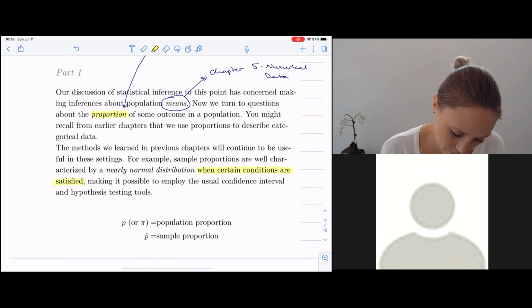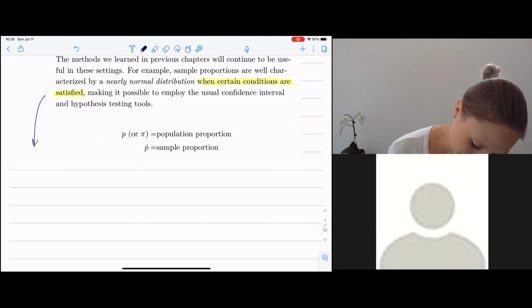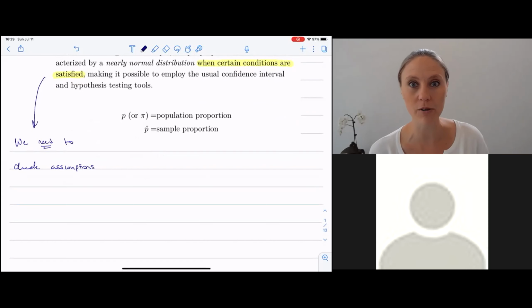Here we need to check assumptions, which we haven't really been doing. We've kind of touched on it briefly. Was our sample randomly selected? Great. Is our sample size large enough? That's good, but not too large. We didn't emphasize it very much, but now in Chapter 6 for proportions, it's going to be really important.